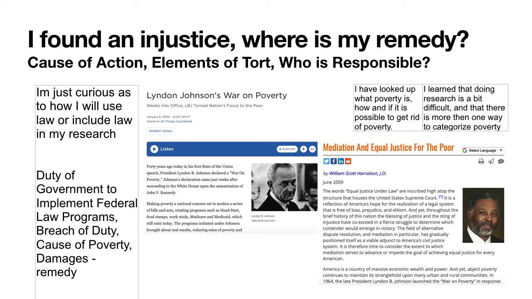So a lot about law, when you start a lawsuit, is figuring out who is responsible. If you think of an 8-car pile-up on the freeway, it's not clear right off the bat who was responsible. So you go to court, you present the evidence, and then you figure out who's responsible. This is one of those things I want you to realize.